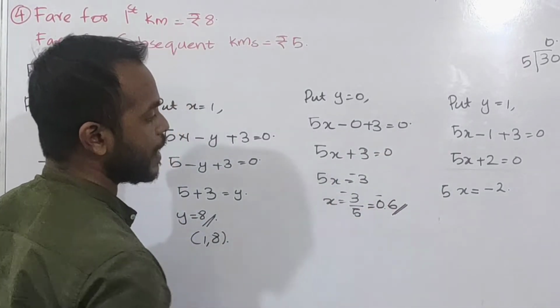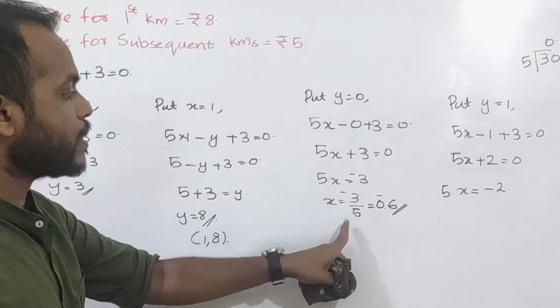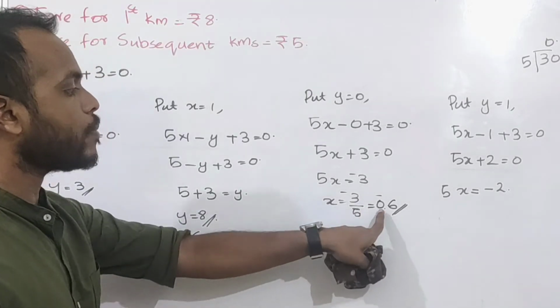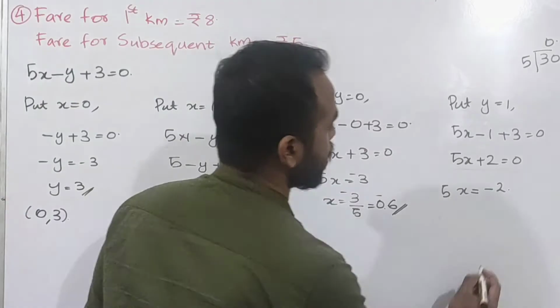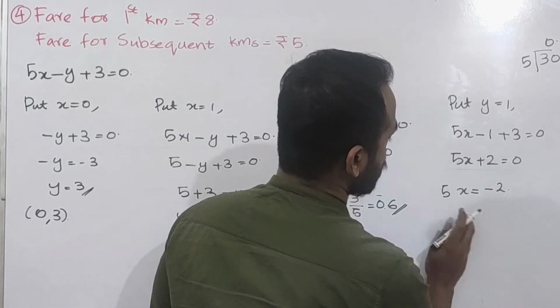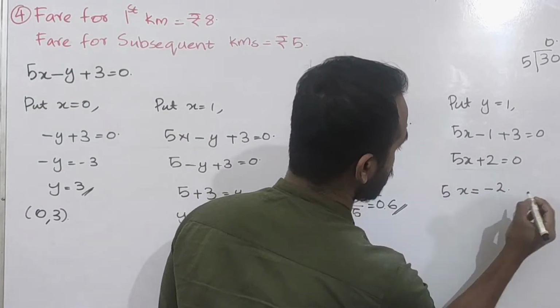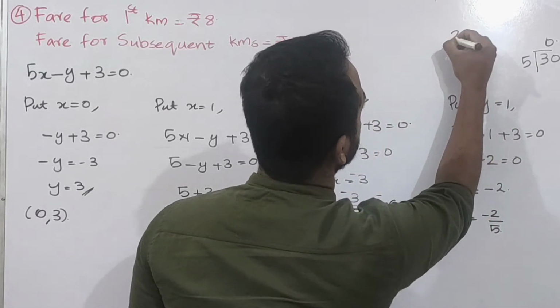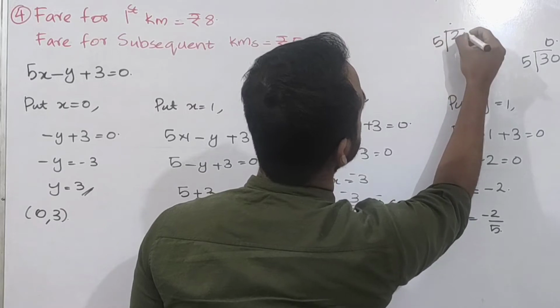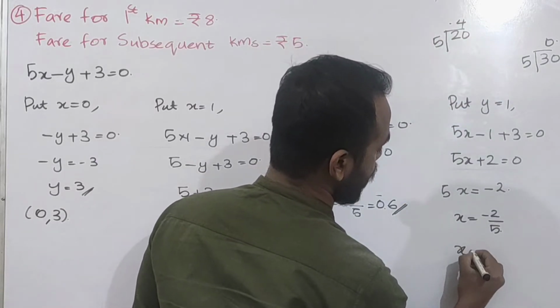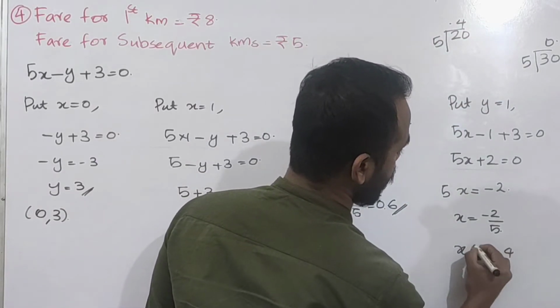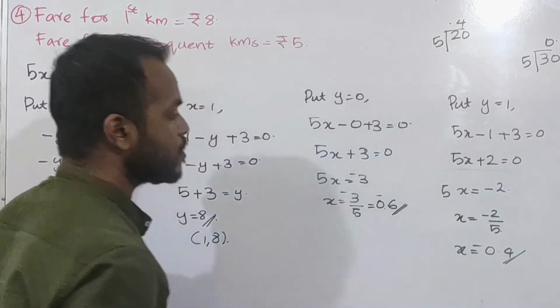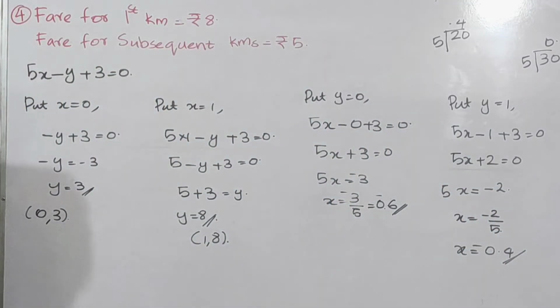So here we have a negative symbol. 5x is equal to minus 3, so x is minus 3 by 5, or minus 0.6. Similarly, we can take 2 to the other side. So 5x is equal to minus 2. Then x is equal to minus 2 by 5. We can still find this one. 2 by 5 is nothing but 0.4. So x is equal to minus 0.4.